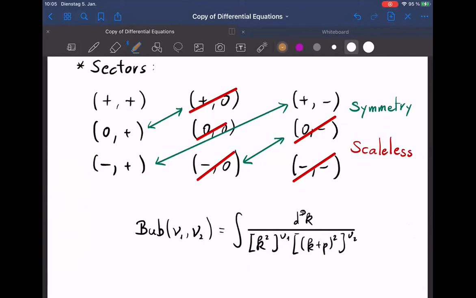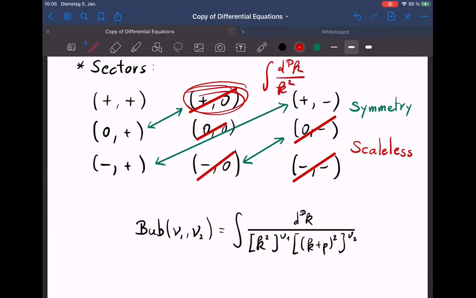Now, however, what would change is that if you have a mass, then, for example, this sector would be non-zero. This is 0 because the integral in there looks like this.